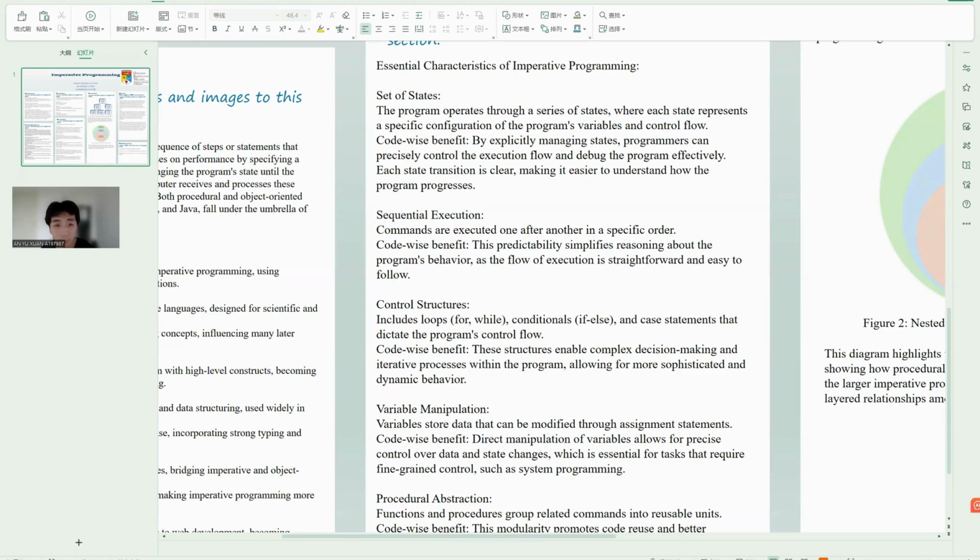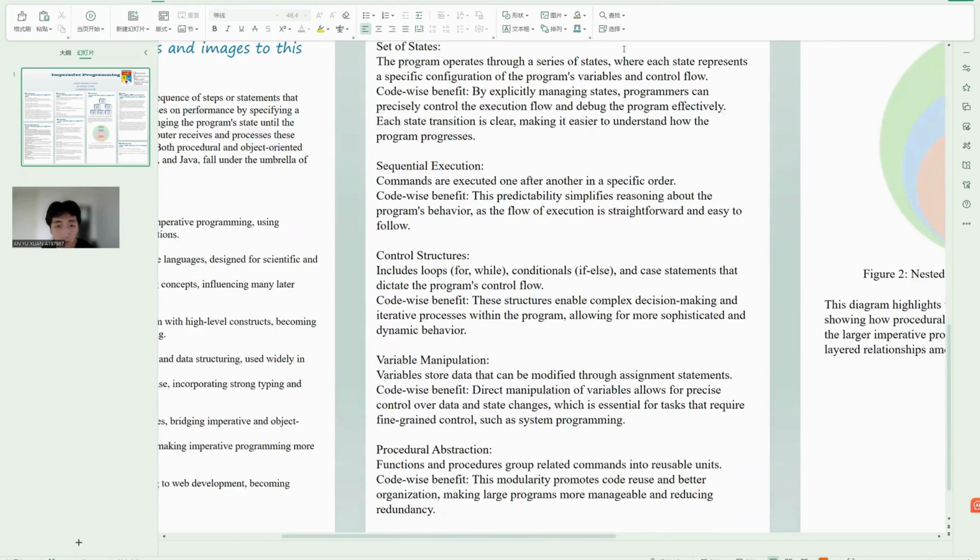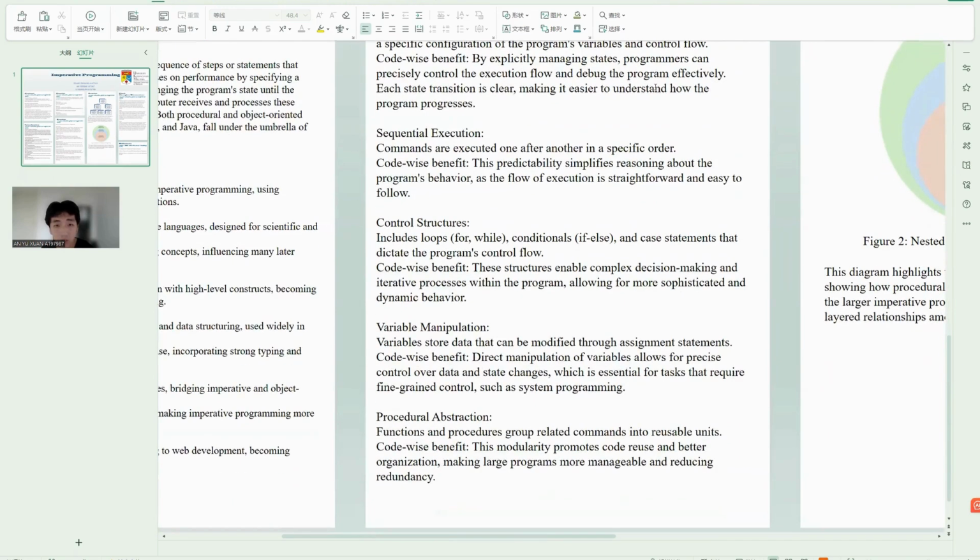Control structures include loops, for and while, and conditionals, if-else and case statements, that dictate the program's control flow. Its benefits: these structures enable complex decision-making and iterative processes within the program, allowing for more sophisticated and dynamic behavior.